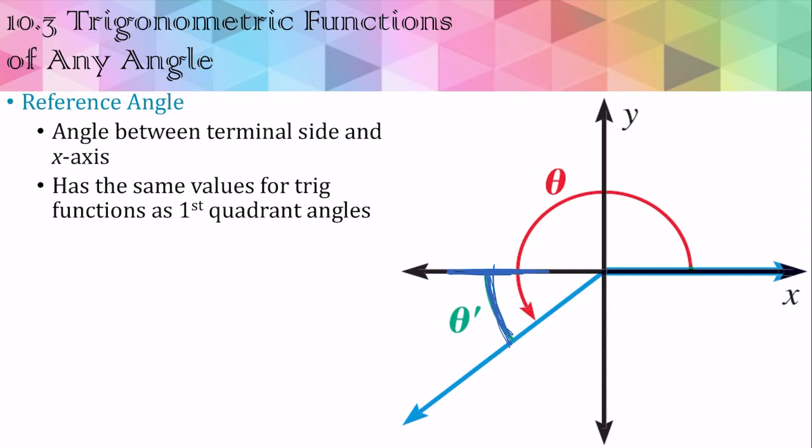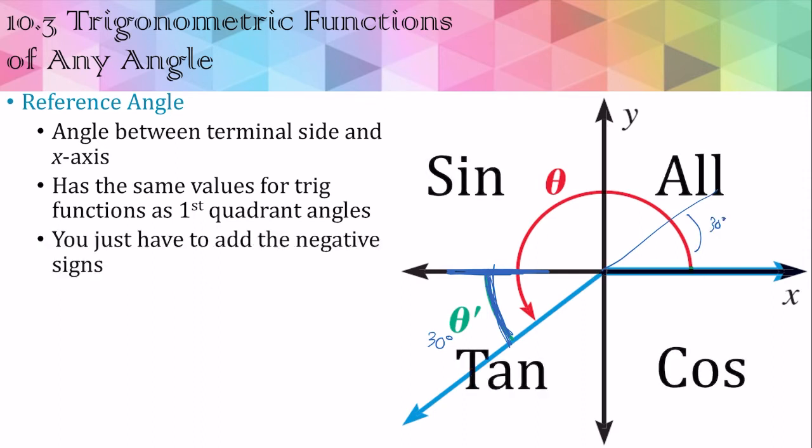And the reference angle has the same values for the trig functions as first quadrant angles. So for example, if this angle is, say, 30 degrees, it's going to have the same values as the 30-degree angle over here. The only difference is negative signs.